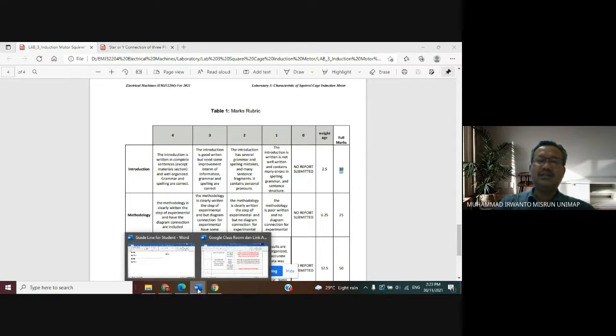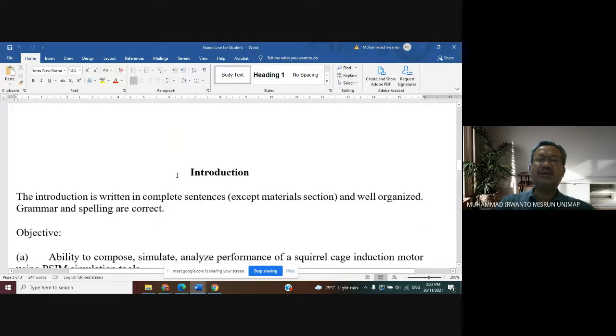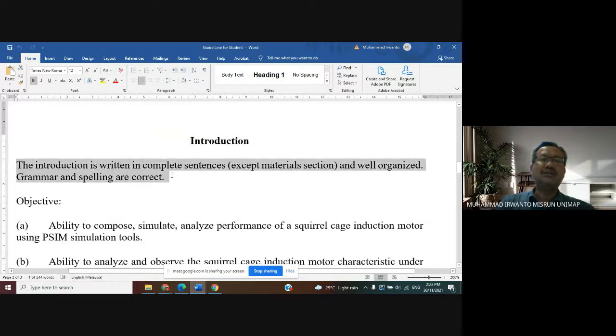So the first content of the report is the introduction, written in complete sentences. In the introduction, the student can explain the definition of the induction motor first, and then the types of induction motor, squirrel cage or wound rotor, and discuss the difference between the squirrel cage and wound rotor induction motor.